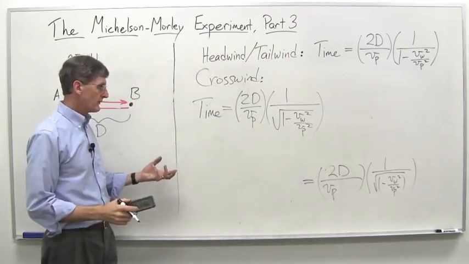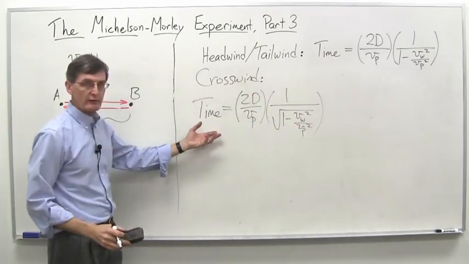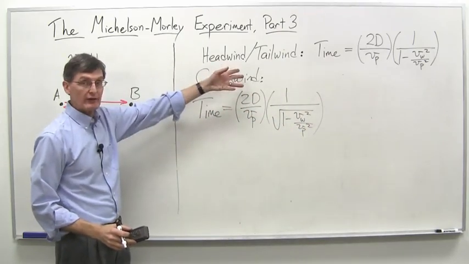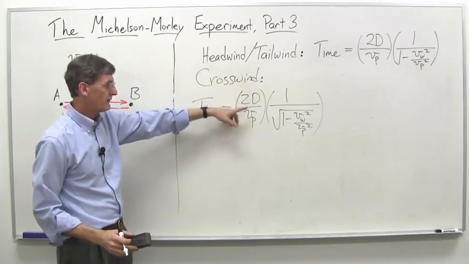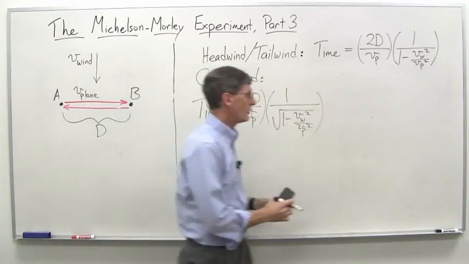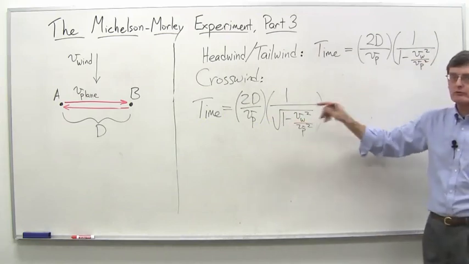And note something important here, something very interesting. This was the crosswind case. We earlier did the headwind tailwind case. They're slightly different. They both have the 2D over Vp factor in there. But note, in this case, it's 1 over 1 minus Vw squared over Vp squared. Here, same thing, but the square root.